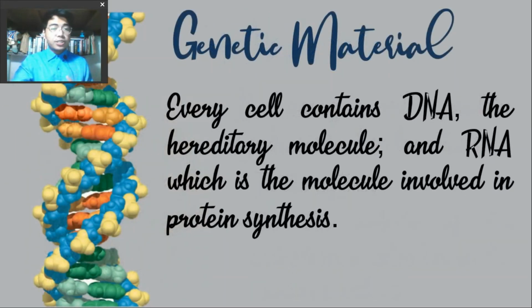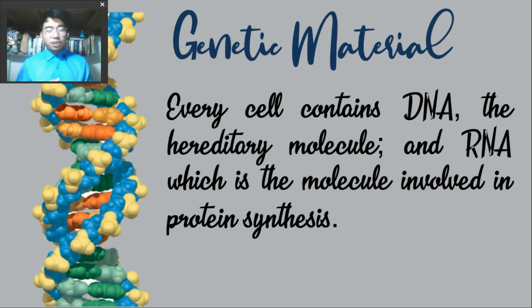Other than the ribosome, every cell actually contains deoxyribonucleic acid or DNA, which is the hereditary molecule, and ribonucleic acid, which is the molecule involved in protein synthesis. The DNA is responsible for storing the different information that is necessary for us to be humans, and for other organisms to be just like what they are nowadays.